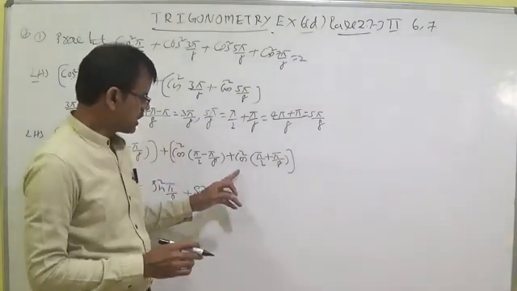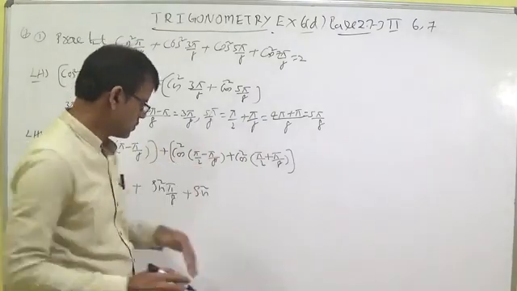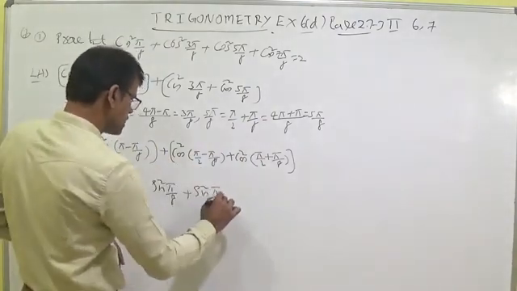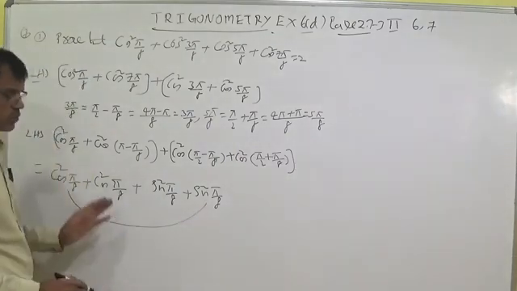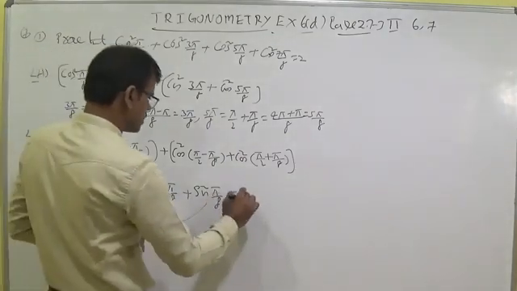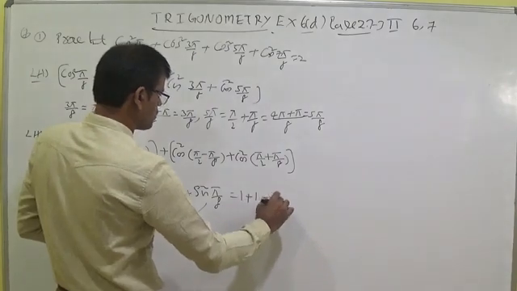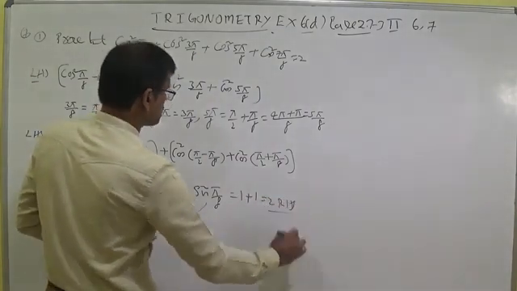That is why whole square becomes positive. So again you can write sin square pi by 8. Now try to understand, cos square pi by 8 plus sin square pi by 8 is 1 and this is also 1. So 1 plus 1 becomes 2. This is RHS.